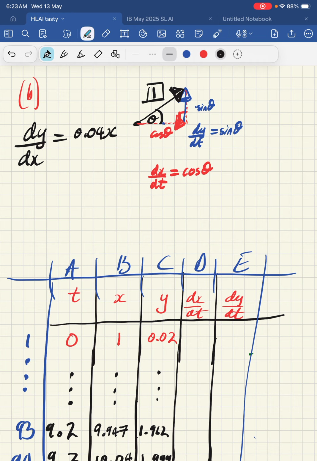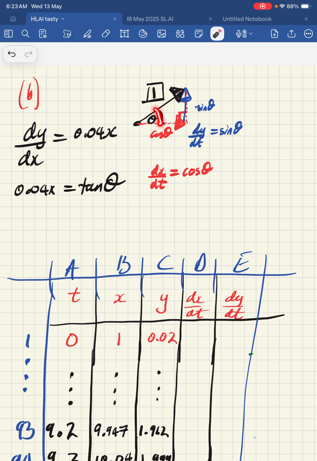Now it turns out that the gradient of the slope is identical to tan of theta. Now if you think about this, tan of theta is opposite divided by adjacent, because look, sine theta divided by cos theta, right? So this is the key piece.